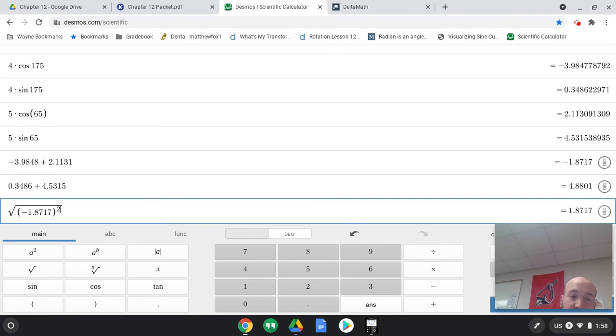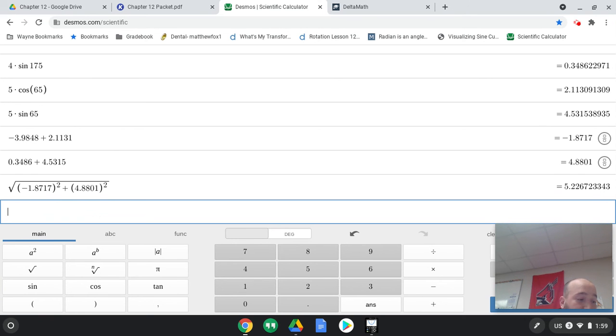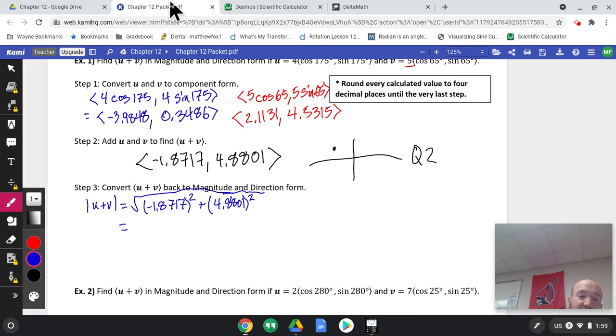Don't forget, we're going to square each component, plus 4.8801, and we'll square that. We get 5.2267. Now, we've been going 4 decimals. On Delta Math, it actually lets you just round this final component to the 10th. So we're going to do that as well. So 5.2.